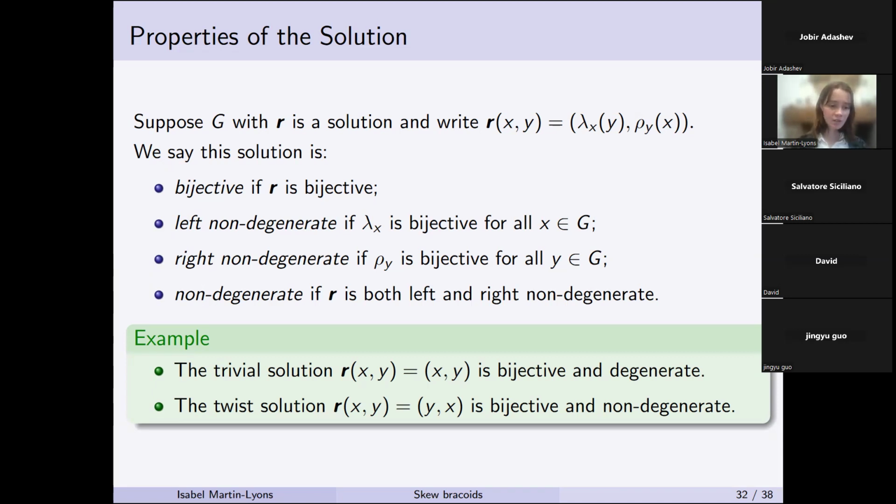Then the trivial solution, kind of unintuitively, R taking xy to xy, is clearly bijective, but it's degenerate. So lambda sub x of y is always x, meaning it's very rarely bijective. So this is degenerate. But the twist solution, which takes xy to yx, is bijective and non-degenerate. Okay.